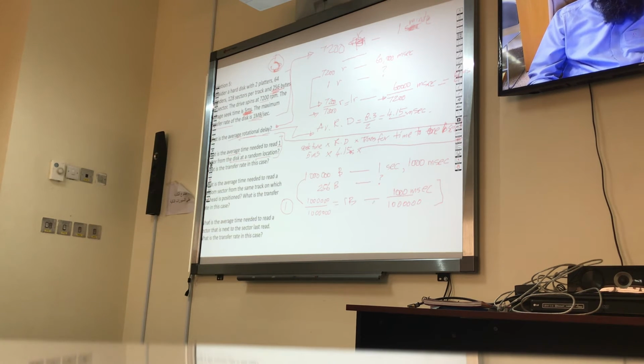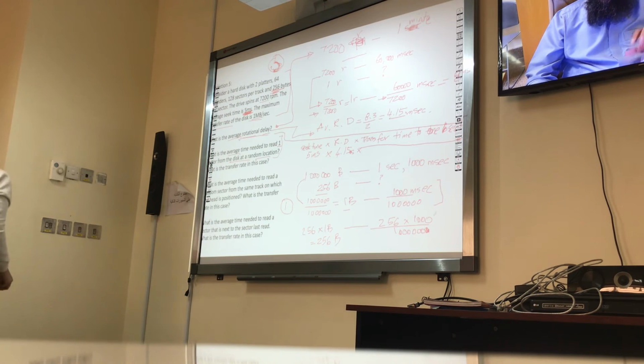Now, I want to transfer not 1 byte, I want to transfer 256 bytes. So how do I convert 1 to 256? I multiply by 256. Because I multiplied by 256 here, I should multiply by 256 here also. So 256 multiplied by 1000 milliseconds divided by 1 million bytes.